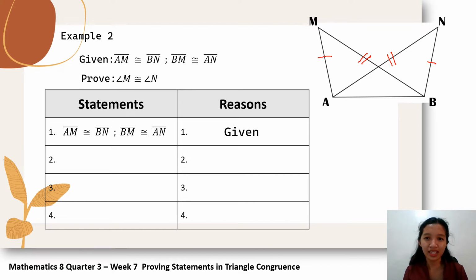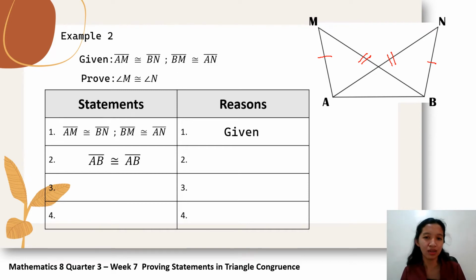So what side is it? If you think that it is AB, then you are correct. So they share a common side, line AB. And we can say that line AB is congruent to line AB.